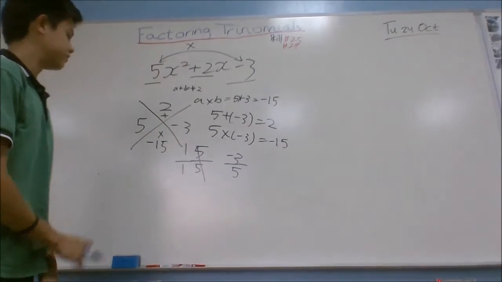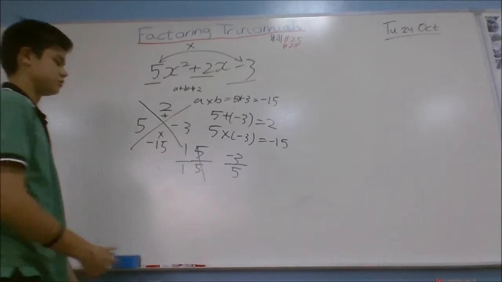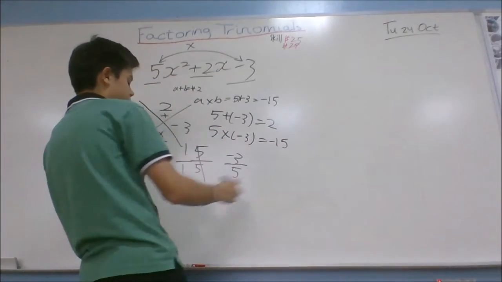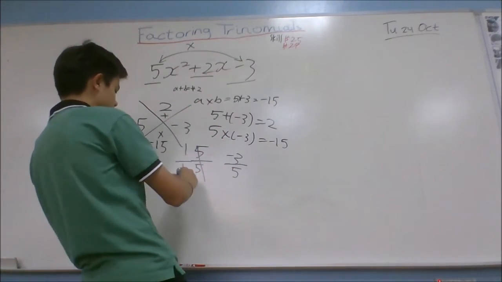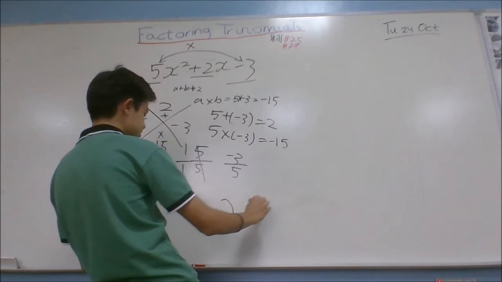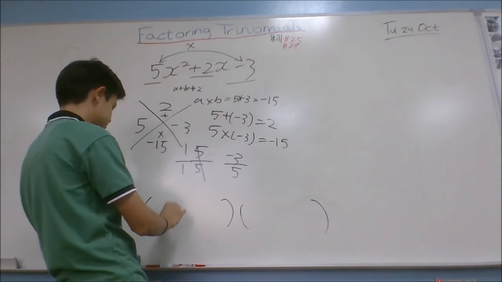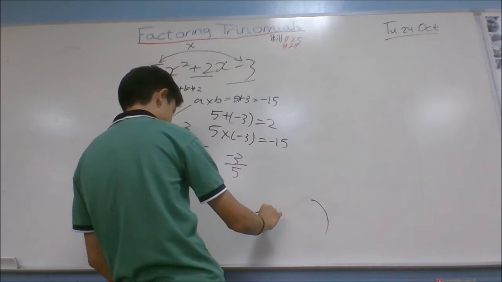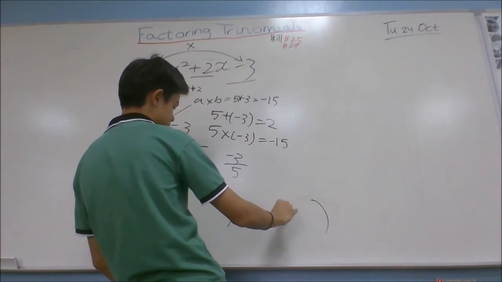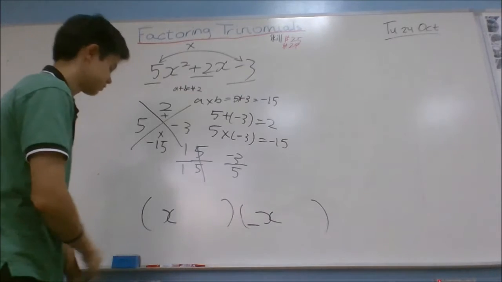So now we can put these in brackets. Let me do this over here. We need two brackets, but this time there will be numbers in front of the x. So it has to be something and then something else.